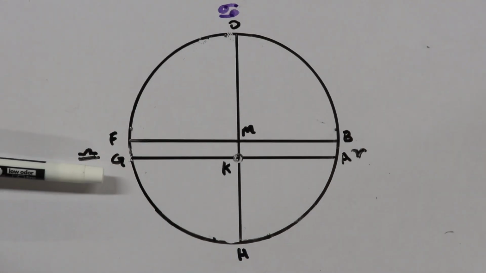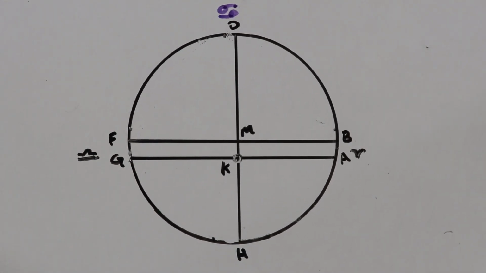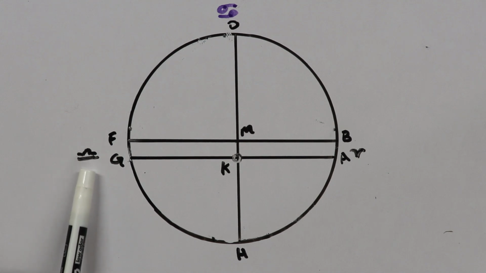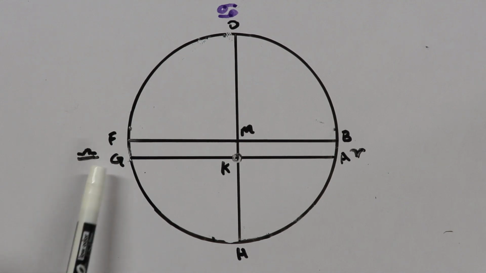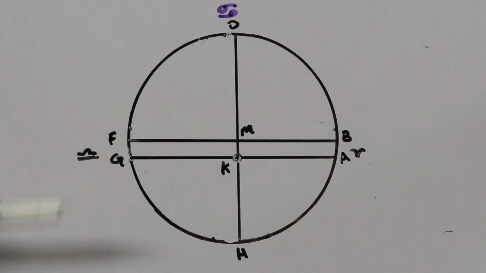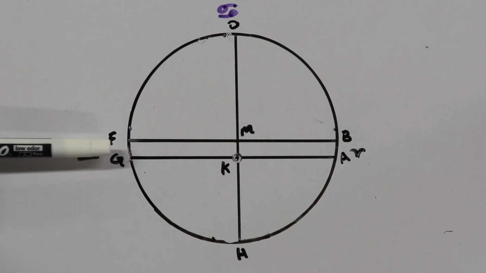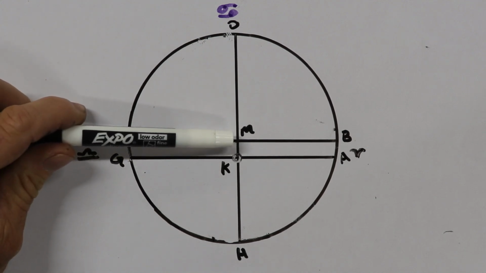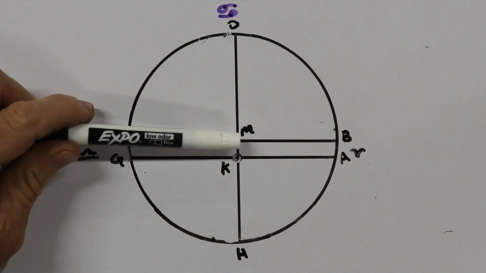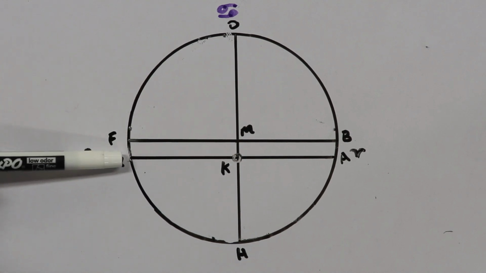Now as it makes its way on around down here to G, when it gets to Libra, you can see that it's going to take more time since it's got further to go. So it's not going to meet up with this Earth there at F. It's going to take a little bit more time.